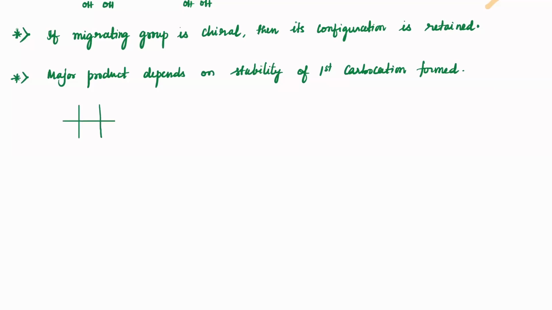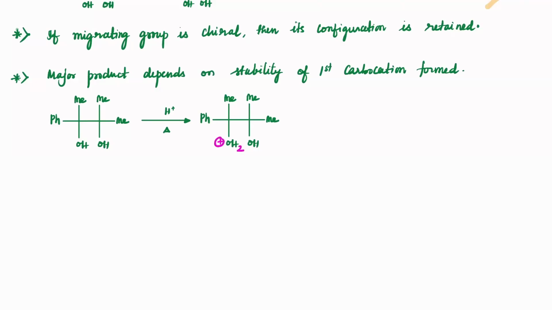If you have methyl here, phenyl here, and methyl and methyl here, and OH and OH, and you react with H plus and heat, then depending upon the stable carbocation, the protonation will first happen at this position.